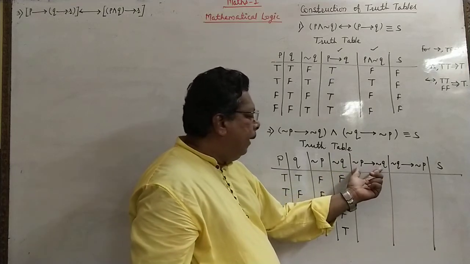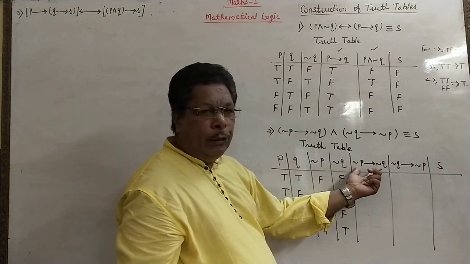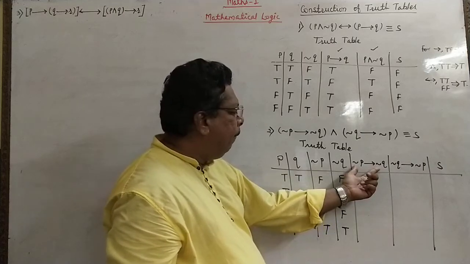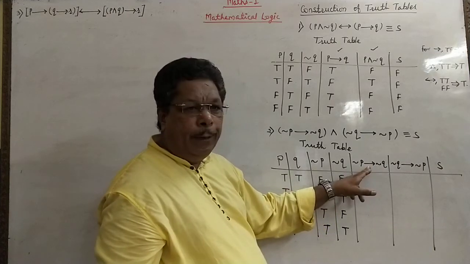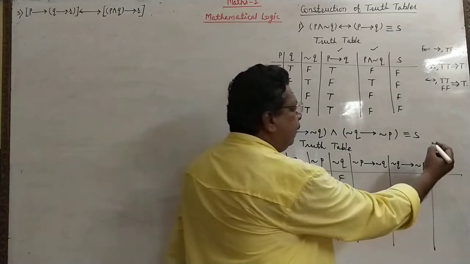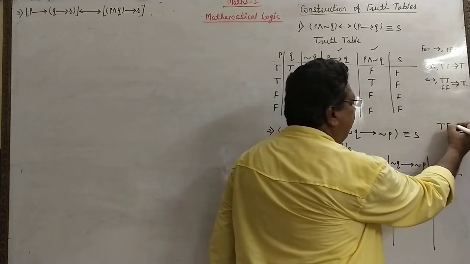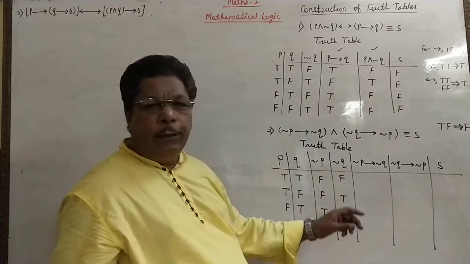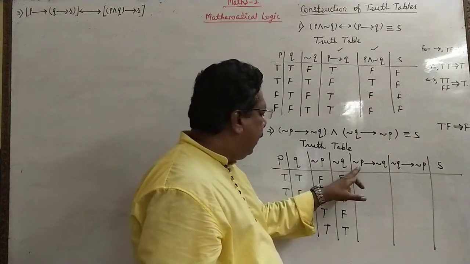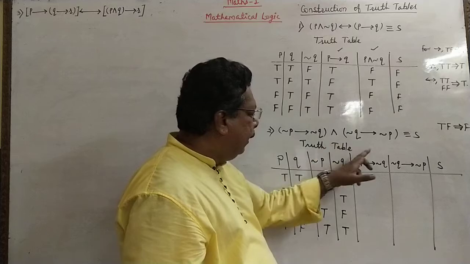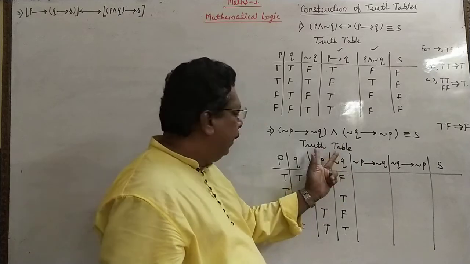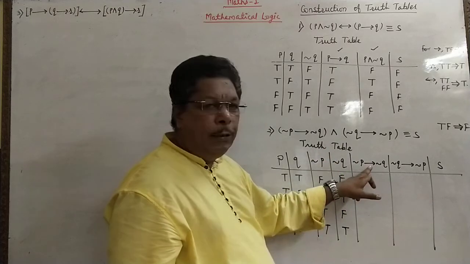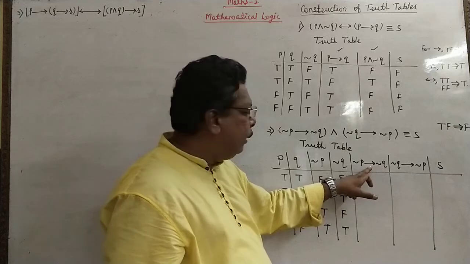Now fifth column, negation P conditional negation Q. What is the requirement for the connective if then? Requirement is first true, second false, then it is false. Otherwise it is true. Negation P, column number 3, negation Q, column number 4. In between them connective is if then, conditional.